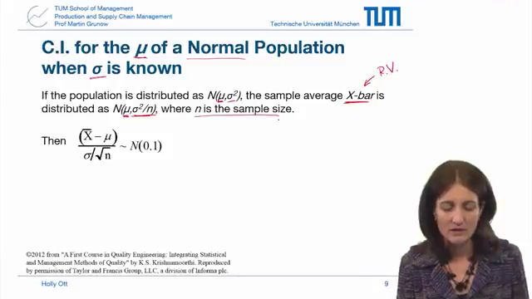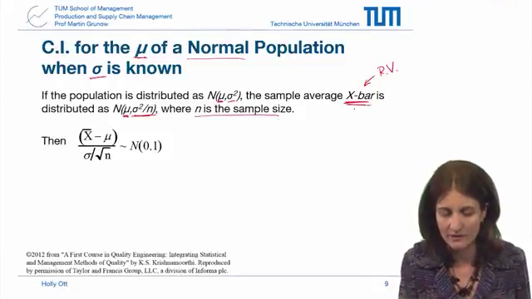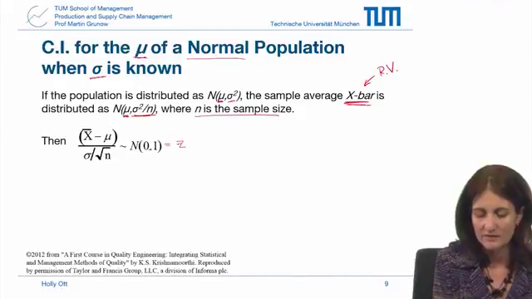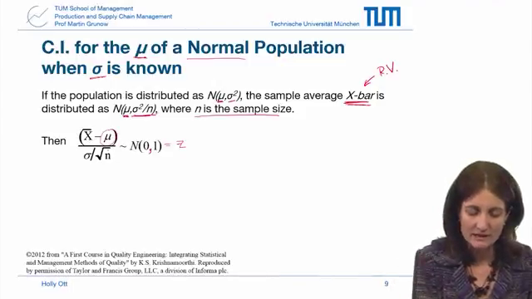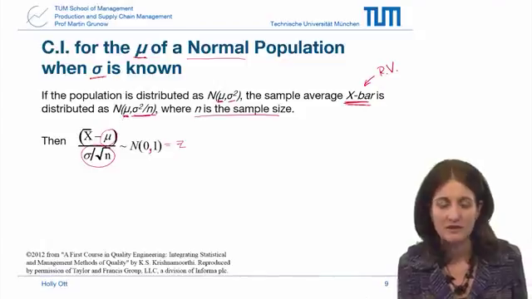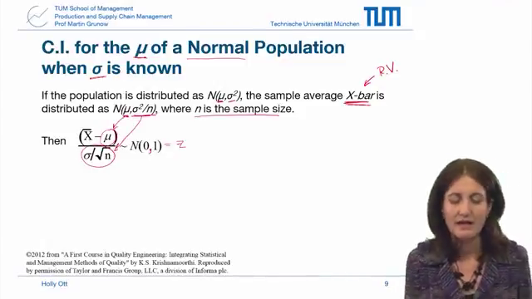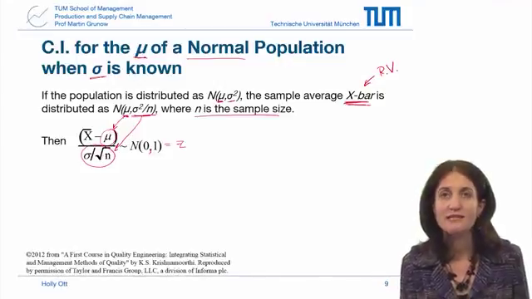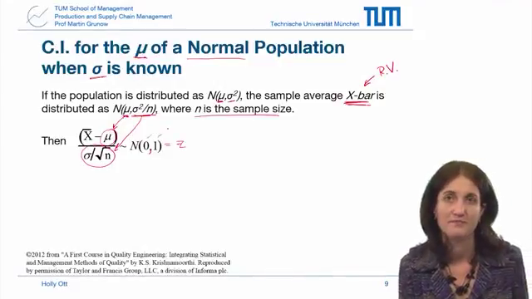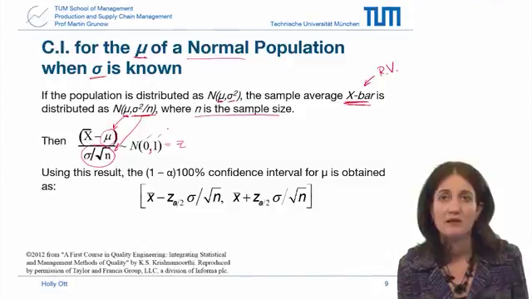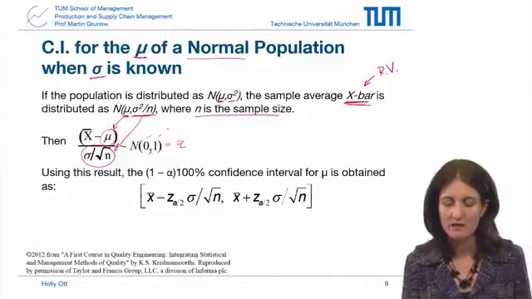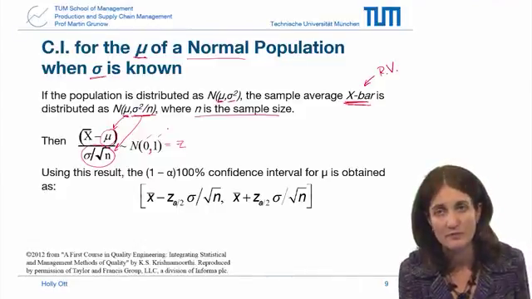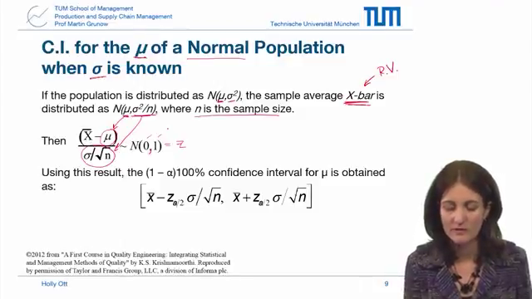Now, we learned also that we can transform our random variable into a z variable by subtracting its mean and dividing by its standard deviation, which we have here. And this transformed variable will be centered about 0, mean of 0, and a standard deviation of 1. So using this result, the 1 minus alpha 100% confidence interval for mu is obtained according to the following formula.